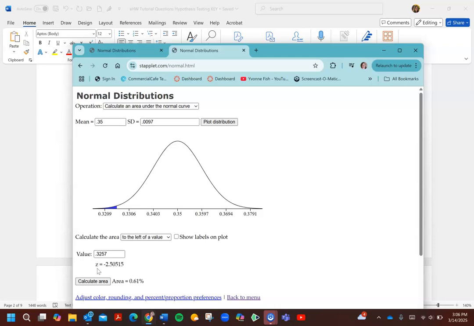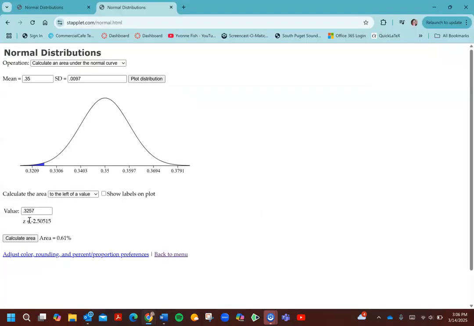And I can see my test Z right there too. Make this a little bigger. Z equals negative 2.50515. You can put that in for the previous question if you don't want to do the Z by hand, but it's pretty quick.